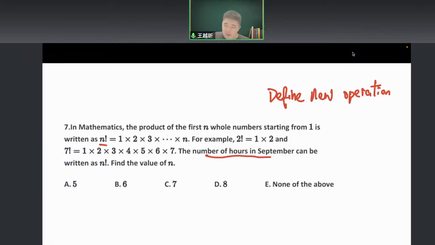So for this question, we can first find how many hours we have in September. Who can give me the answer? How many days do we have in September?